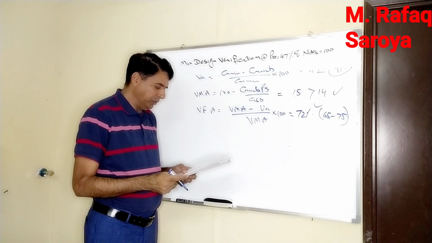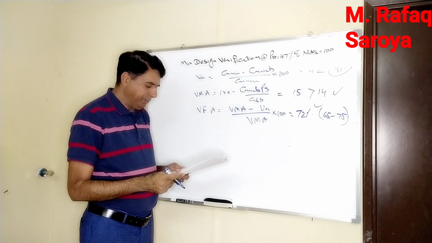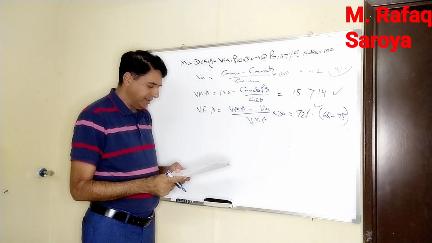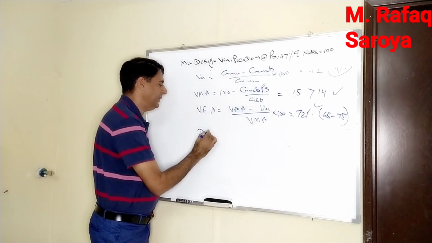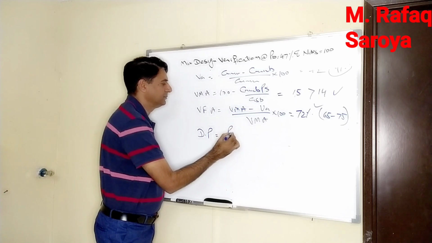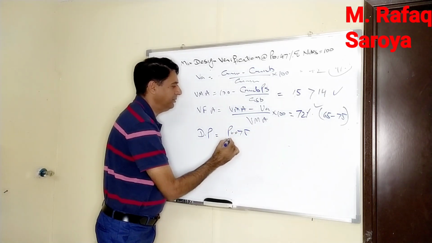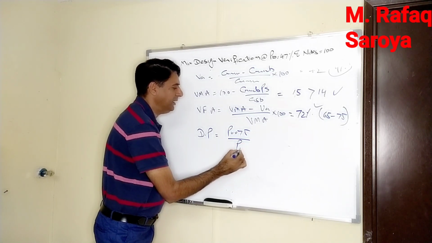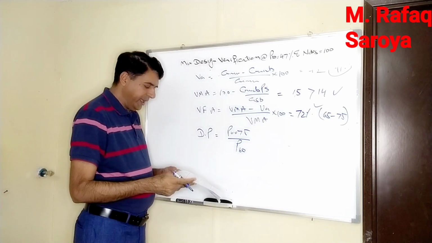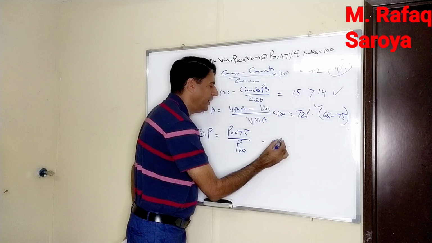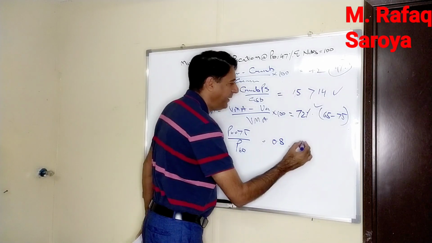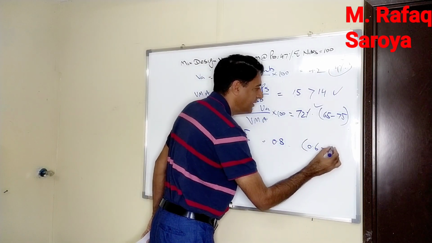After writing this value, we have to calculate the dust binder proportion, DP, which is P75 over Pbe, the effective binder. Over here the value comes out to be 0.8, and it is well between 0.6 and 1.2.